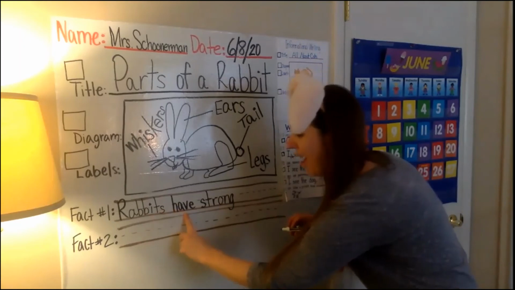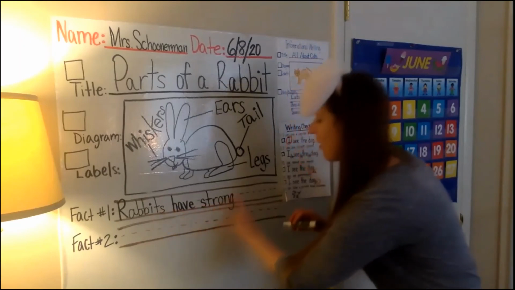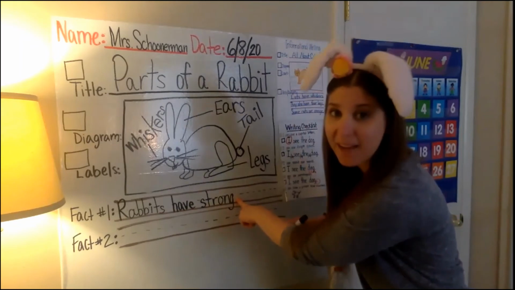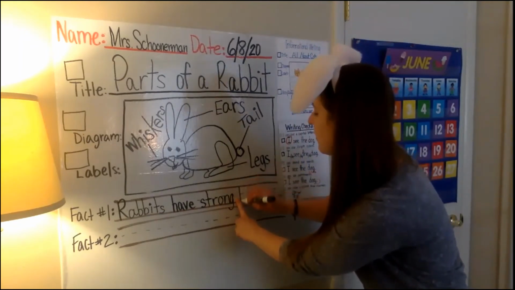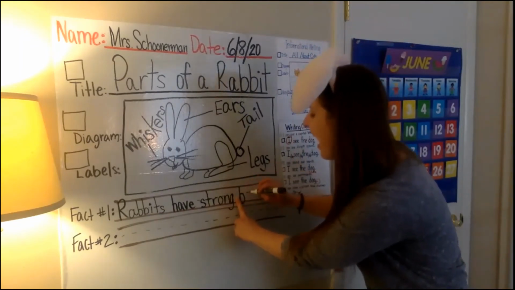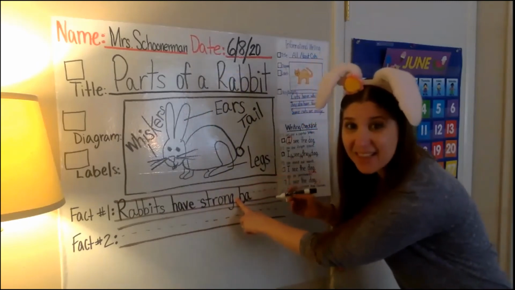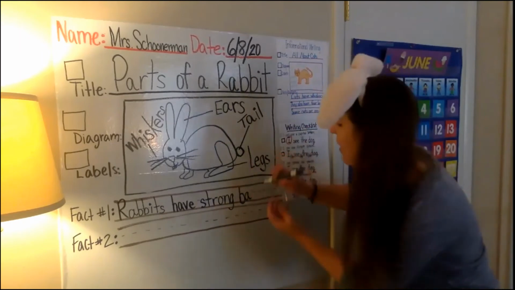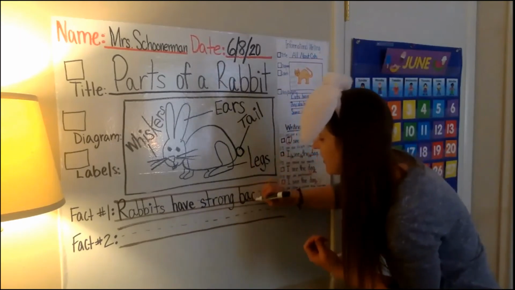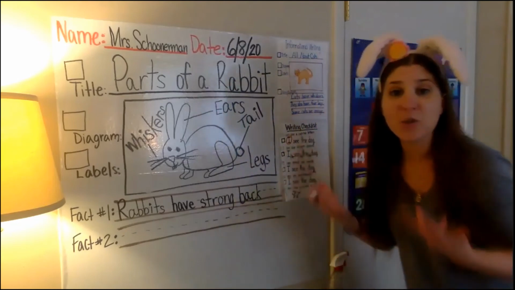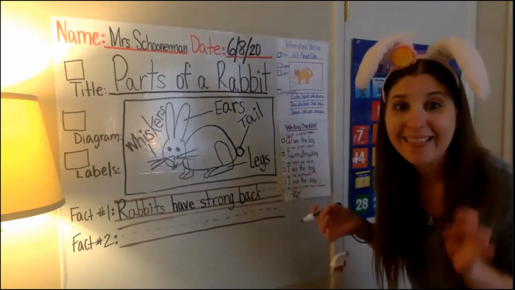Rabbits have strong, leave a finger space, back, B, B, A. And then it ends in a CK, back. So C, K. And the last word that we're writing today is legs.